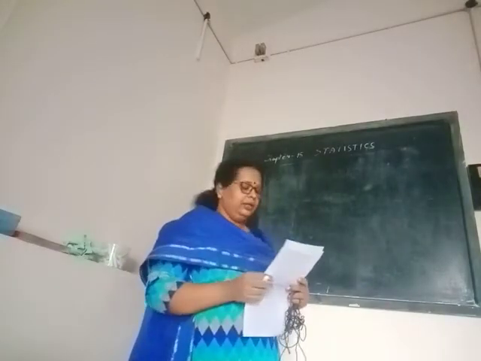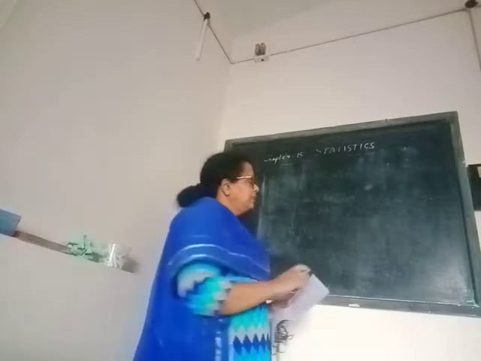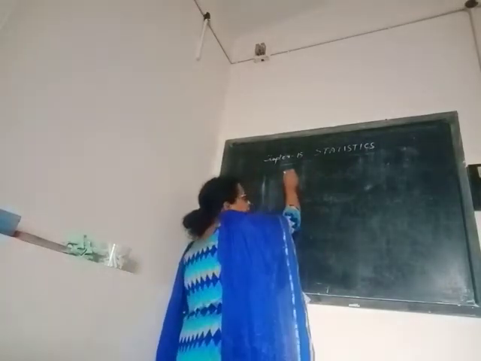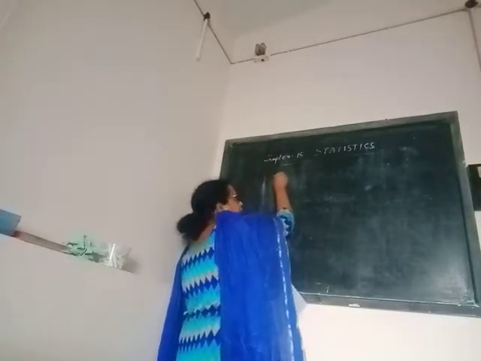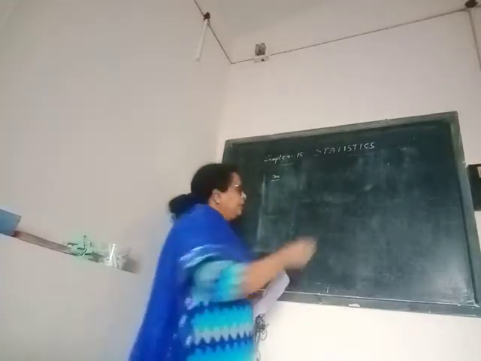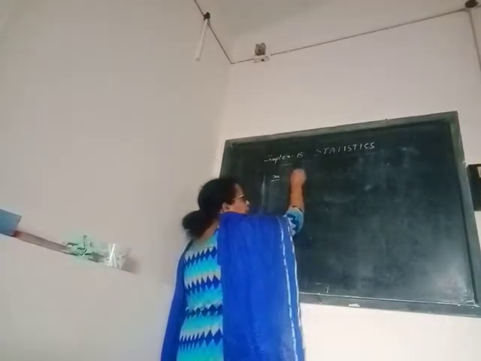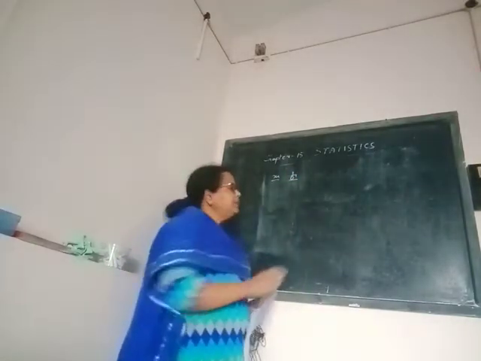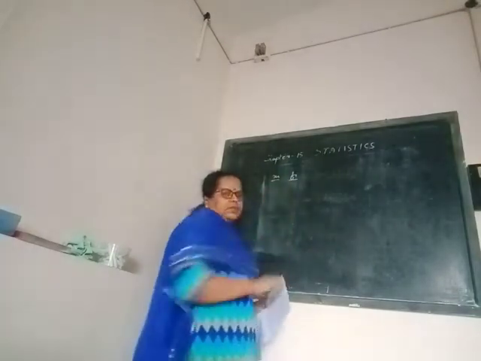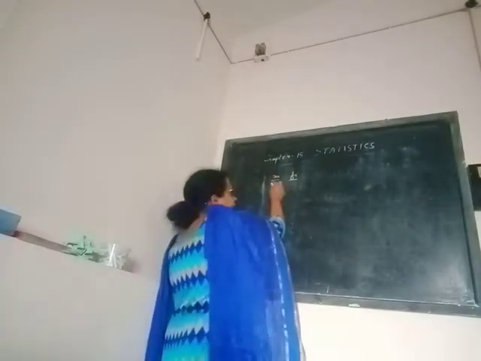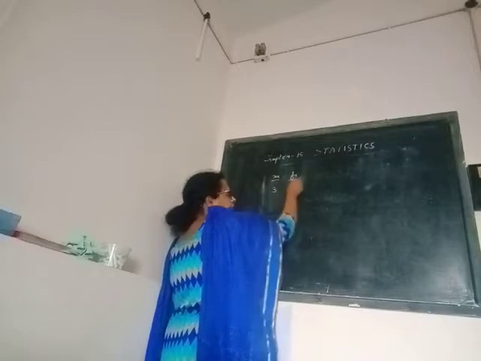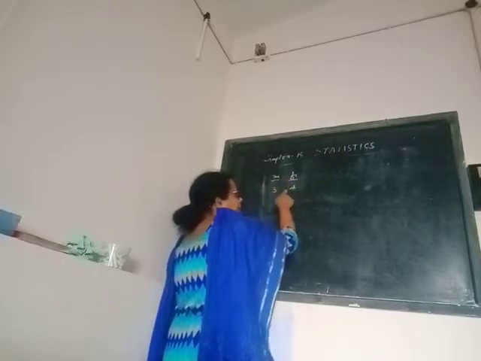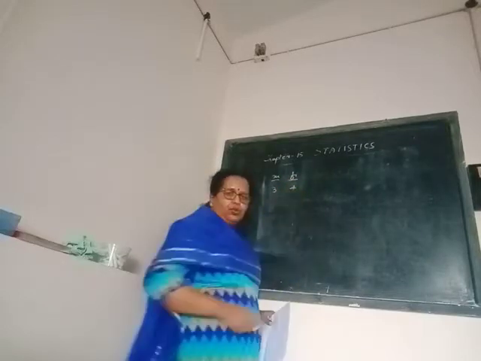When we have to find the mean of a frequency distribution, the xi observations will be there. Then there is one more column, frequency. Frequency means how many times that observation is occurring. Means if xi is 3 and fi is 4, it means 3 is occurring 4 times.